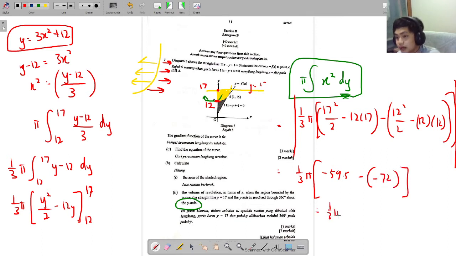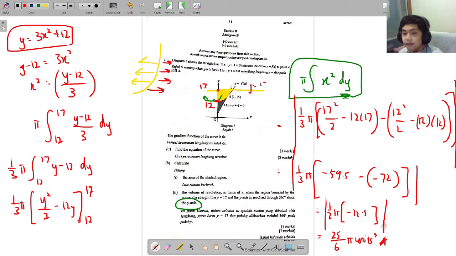That's 1 over 3 pi times negative 72 minus negative 59.5, which is negative 12.5. Then divide that by 3, and don't forget the modulus. So this is 25 over 6 pi units cubed, and this is done for B2.